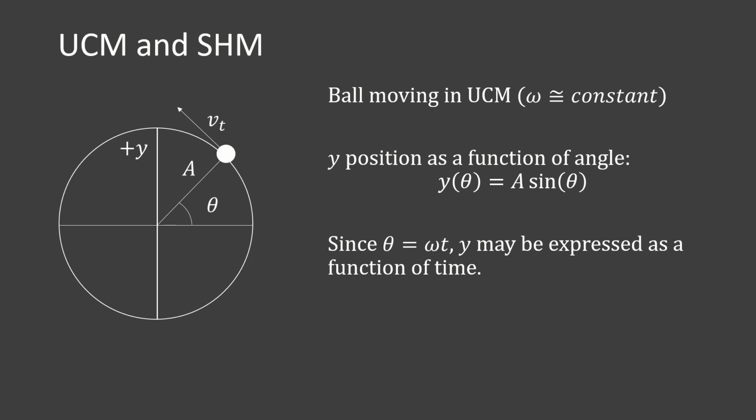So y may be expressed as a function of time, because as time goes by, theta changes according to time as well as angular velocity. So now, instead of y being a function of theta, you have y as a function of time. You change theta on the right side to omega t. And again, omega in this instance is just constant.